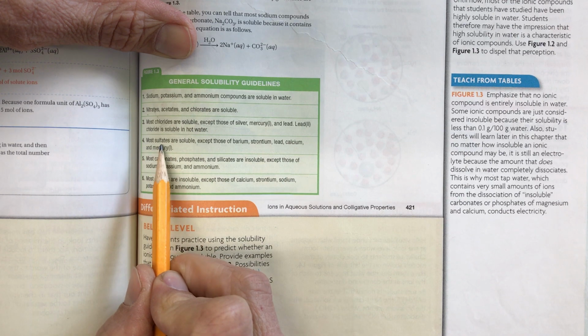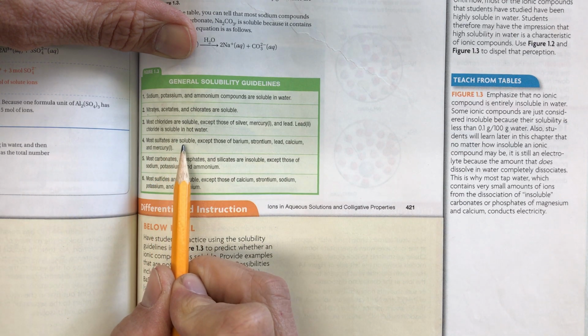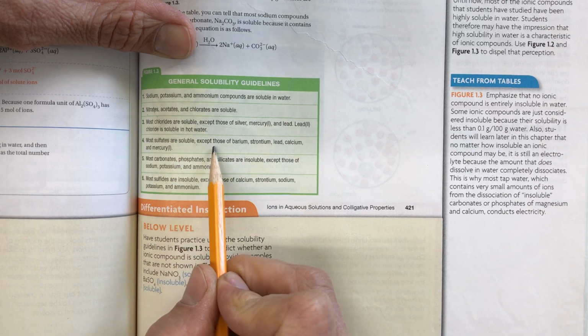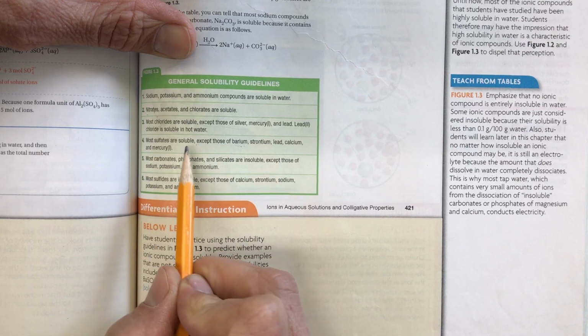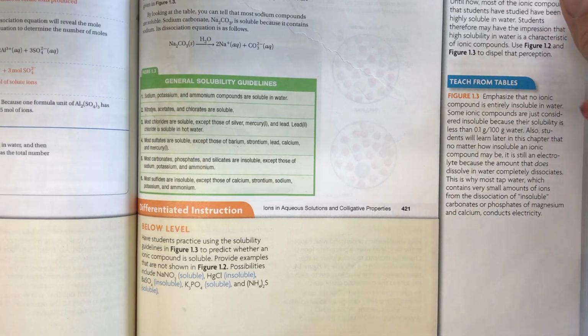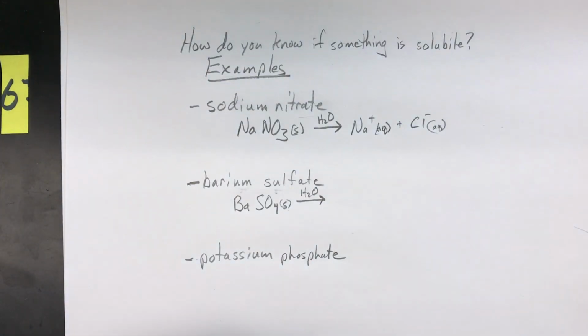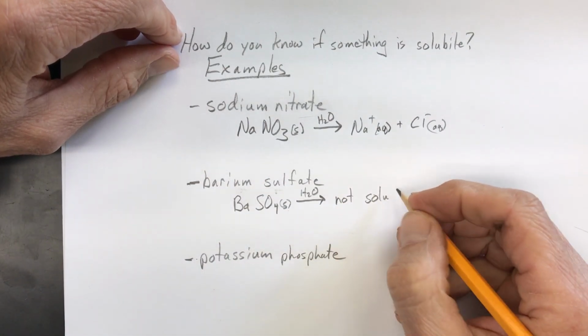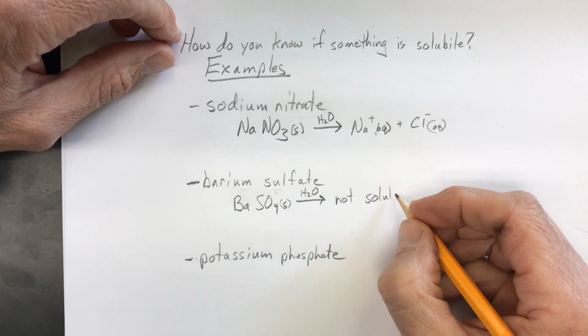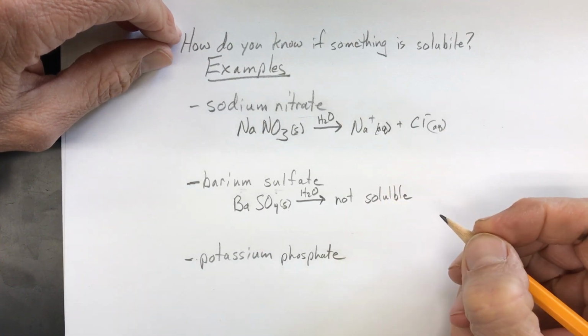Oh, sulfates. Sulfates are soluble. Okay. Except those of who? Barium. Okay, so barium sulfate is an exception. So that means that it is not soluble.